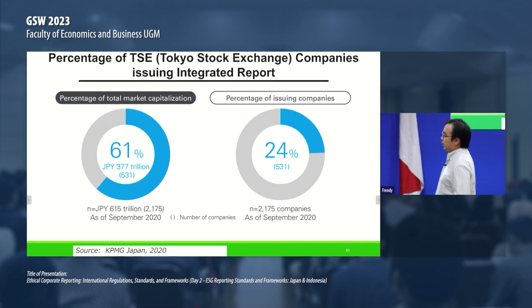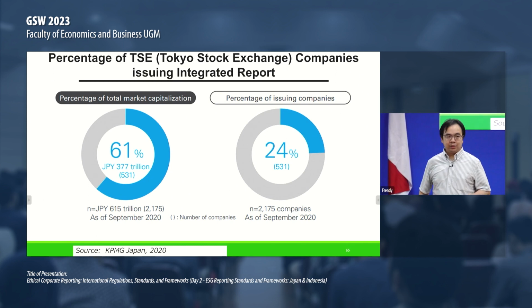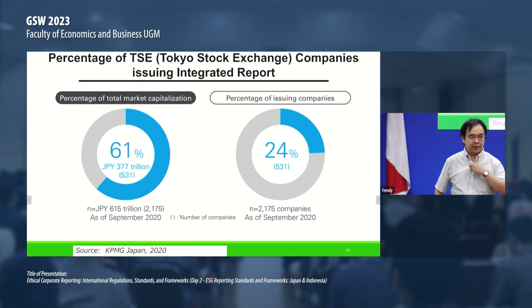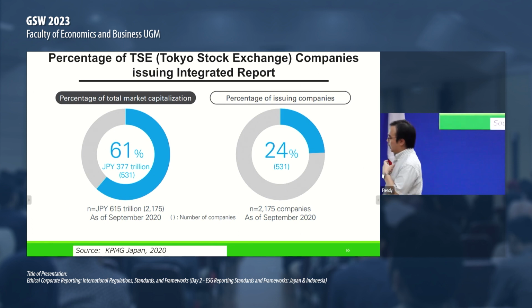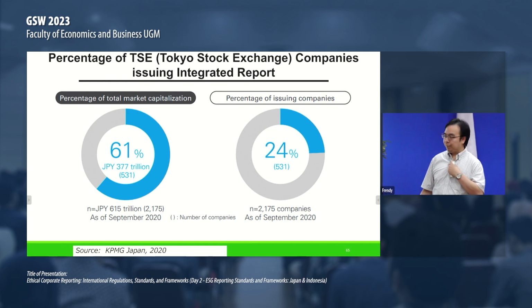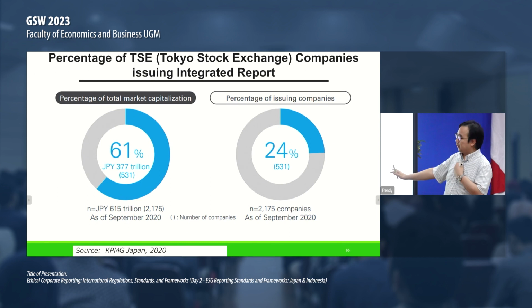Right, and then as for how popular integrated reports are among Japanese companies, we can see the statistics in terms of the total companies: still not that bad, not good. Only a quarter of all listed companies publish an integrated report.